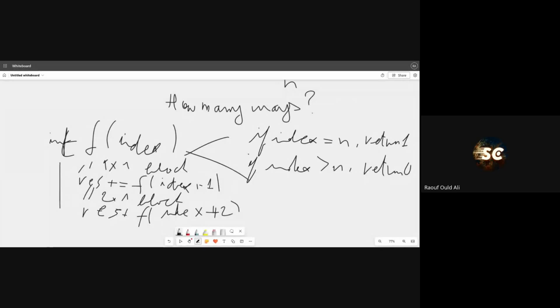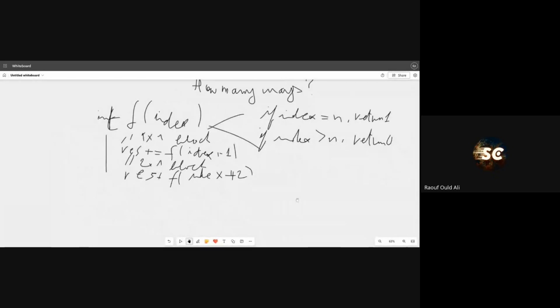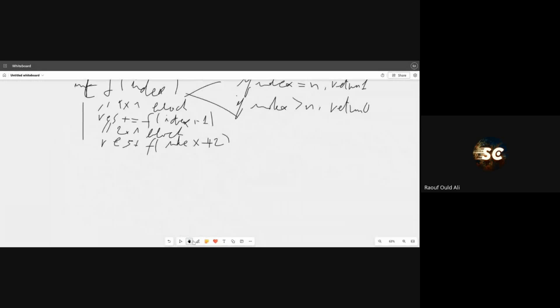So here, let's try to compute this for n equals 5. It starts at index 0. And here we compute f of 1 and f of 2.